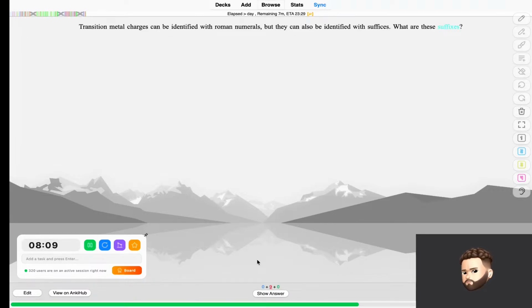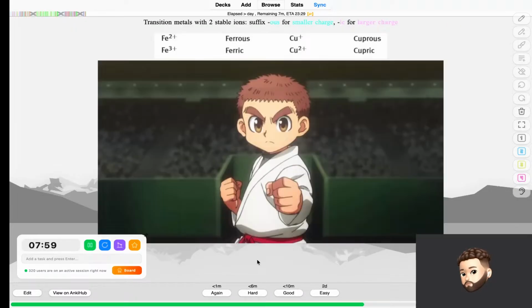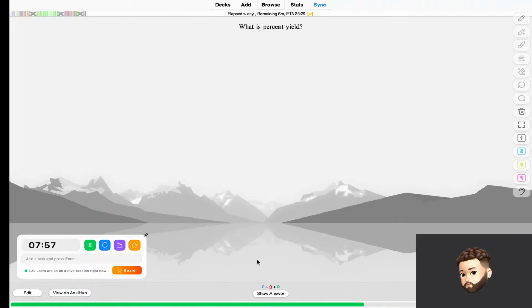Transition metal charges can be identified with Roman numerals, but they can also be identified with suffixes. OUS is for the smaller charge and IC for the bigger charge. What is percent yield? Percent yield is the actual yield divided by theoretical yield times 100%.